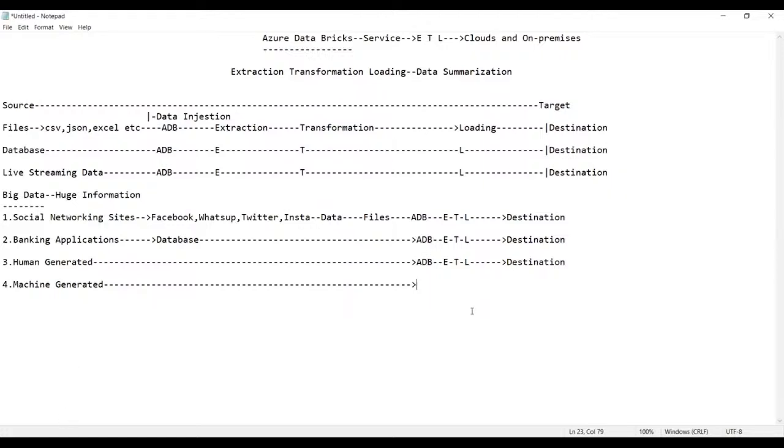It can be in the form of live streaming, databases, or files. Live streaming is a process where you get the live data. Again, the same process: ADB, ETL, and ultimately from here the data will be sent to the destination.